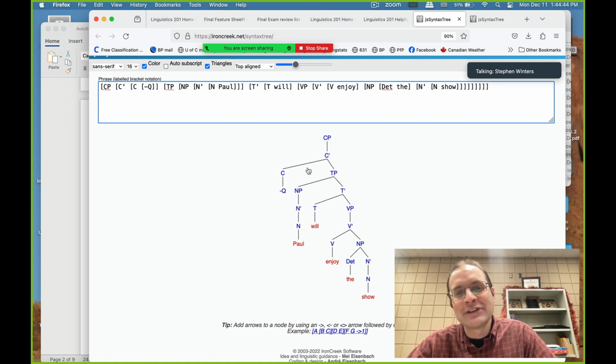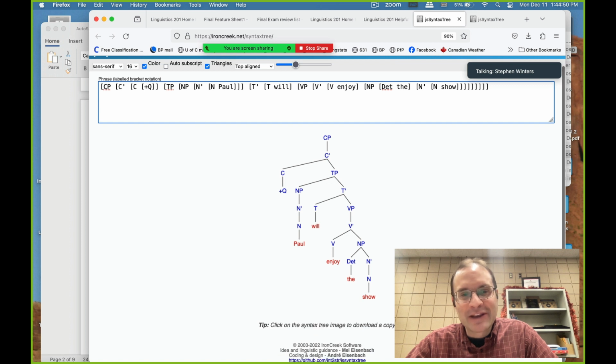In some languages, you will get a complementizer on the surface, even in statements. But yeah, that's a good observation. It should work in an analogous way to what we see in phonology. So statement, question.